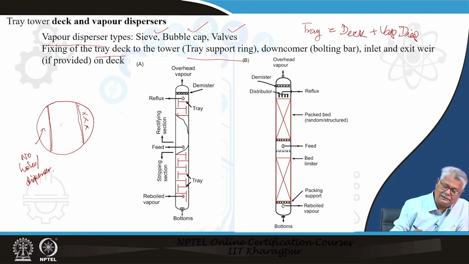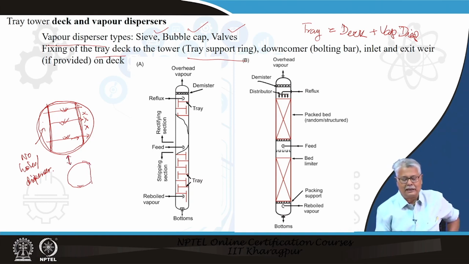So, you have dispersers only in this particular section. The liquid from the upper tray falls here through the downcomer, then it travels from the left to the right, and since this portion is missing, it falls off. So, your tray deck, in case of a cross flow tray like this, is basically your tray deck shape, which is this.